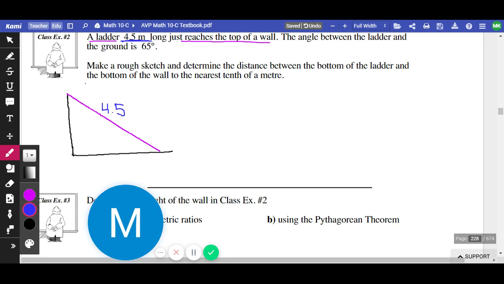The angle between the ladder and the ground. All right, that's key. Between ladder and ground. So you need to figure out where the ladder and the ground are touching. The ladder and the ground are touching here. So when they say the angle between the ladder and the ground, that's where those two things touch. Is 65 degrees.